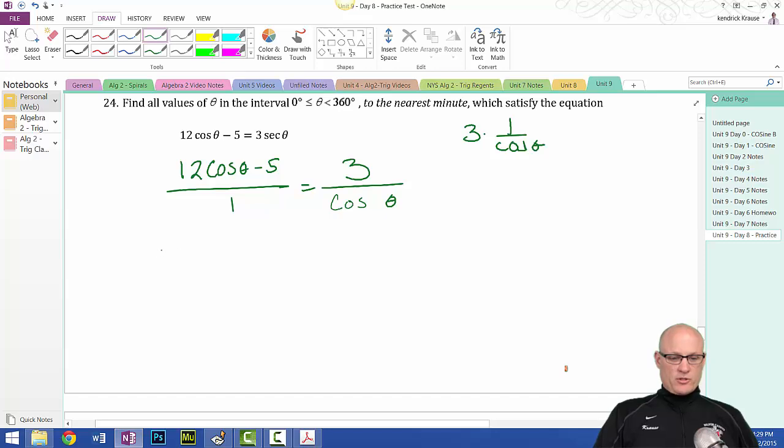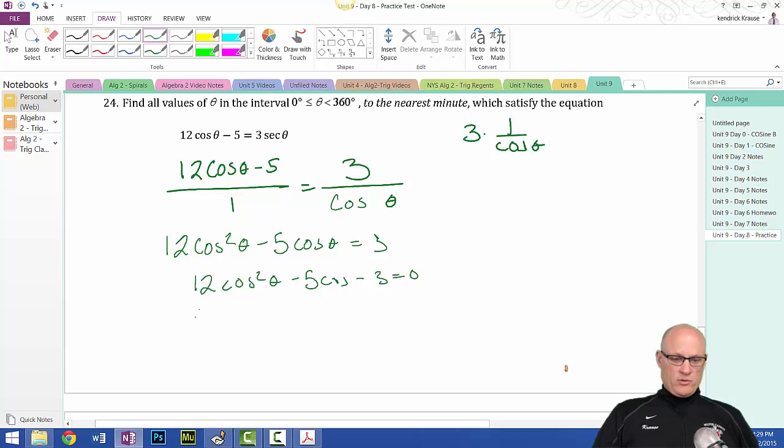Then we'll cross multiply, so we get 12 cosine squared theta minus 5 cosine theta equals 3. Bring the 3 over: 12 cosine squared theta minus 5 cosine theta minus 3 equals 0. We will factor this bad boy.